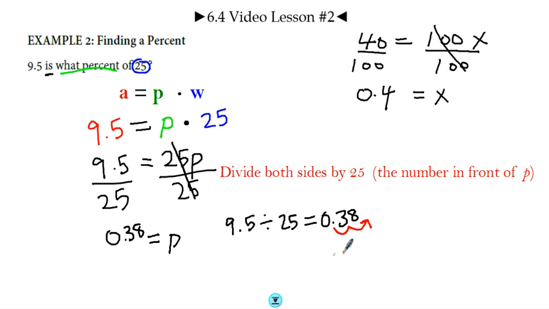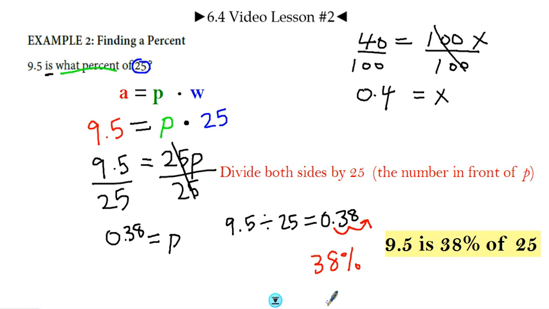So our answer should be 38%. If I write it as a perfect answer, this should be a final answer. Our final answer is that 9.5 is 38% of 25, and we found that answer, 38%.